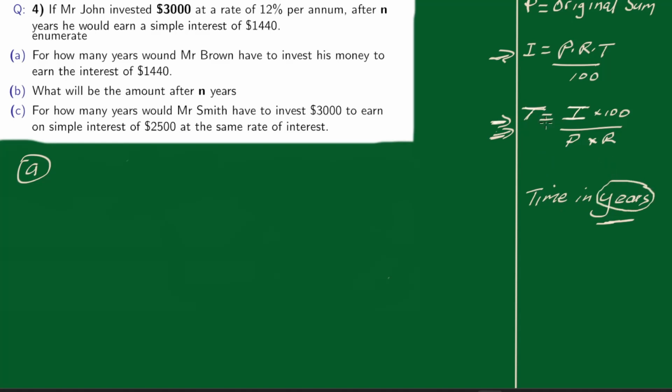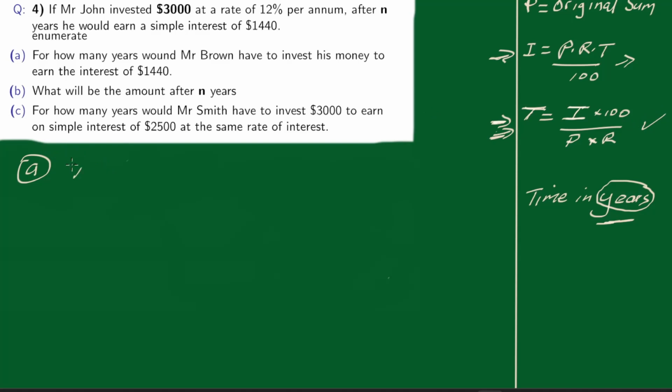So the formula for time will be interest multiplied by 100 all over principal by rate. So in order to arrive at time, we manipulated the original equation to make t the subject of the formula, and this is the equation that we arrived at.